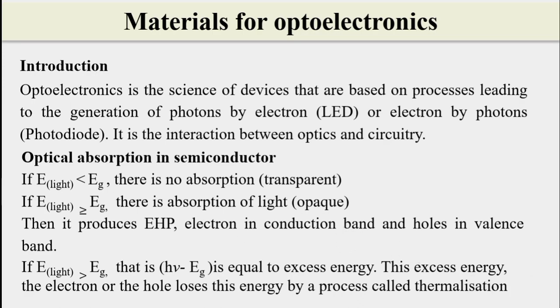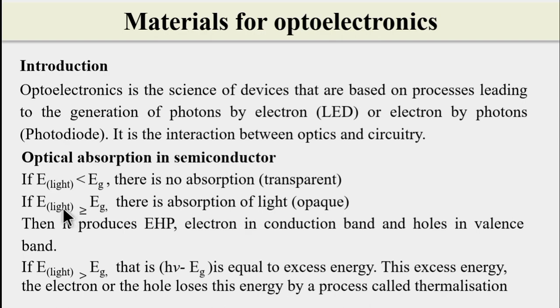Suppose the energy of light is less than the band gap energy, then there is no absorption. The material becomes transparent. Overall, there is no optical absorption if the energy of incident light is less than the band gap energy of the semiconductor. If the energy of light is greater than or equal to the band gap energy, then there is absorption of light. The material becomes opaque, which means essentially the absorption of light takes place.